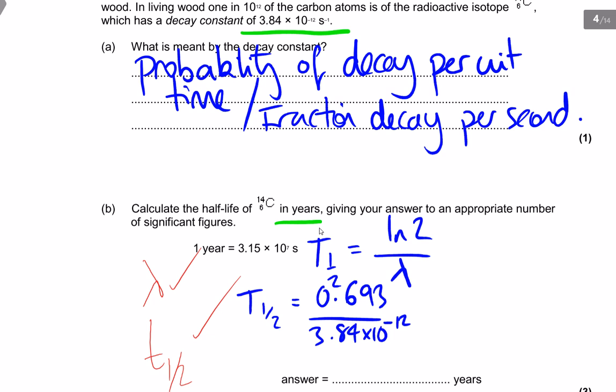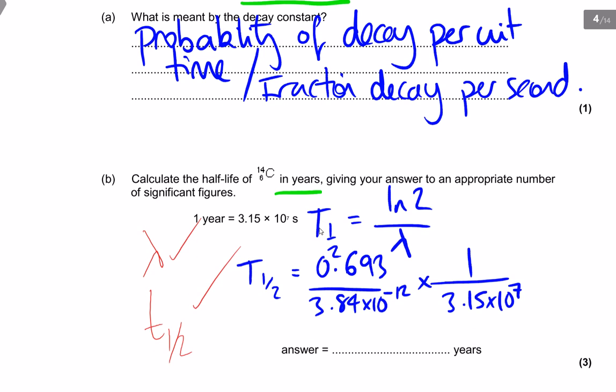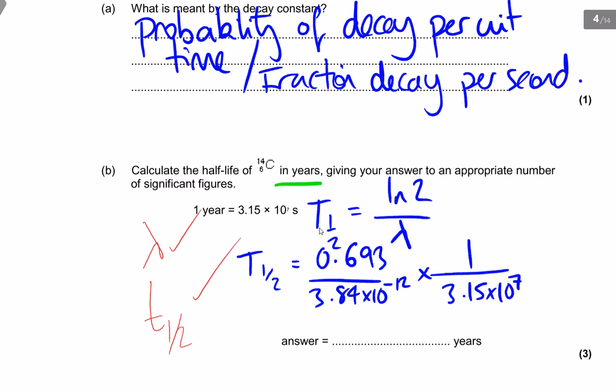That's what it is in seconds. If we want to convert that into years, we then want to divide by 3.15 times 10 to the 7. So we want to work out how many years that number of seconds is, and that comes out as 5730 years.